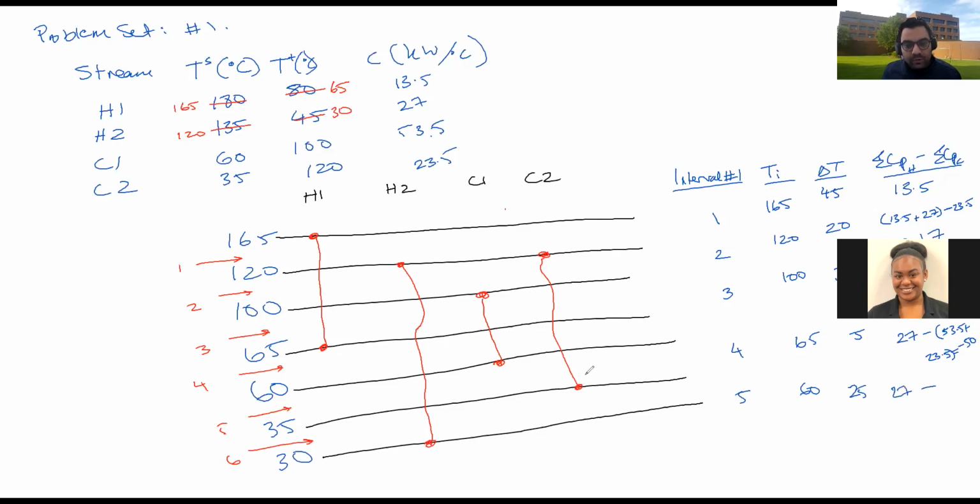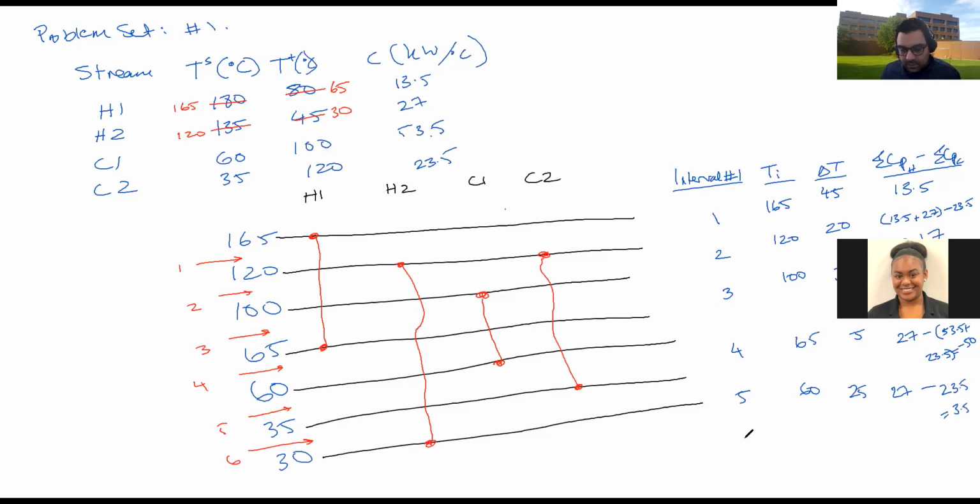And I have one cold stream, which is C2, which is 53 point, no, it's actually 23.5, right? So C2 here is 23.5 and H2 is 27. And this number will be 3.5. Okay.